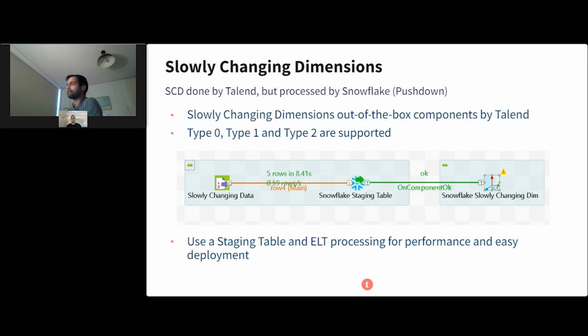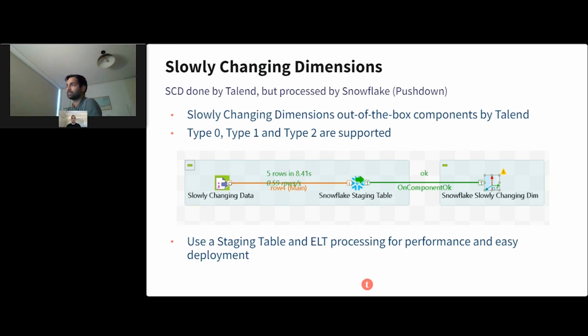And to manage that out of the box is one of the key features that Talend also provides on Snowflake itself, running on Snowflake using the aforementioned ELT processing. So there are different types of slowly changing dimensions that are available. Talend provides out of the box components for you to be able to leverage all of these, along with the individual configuration components.